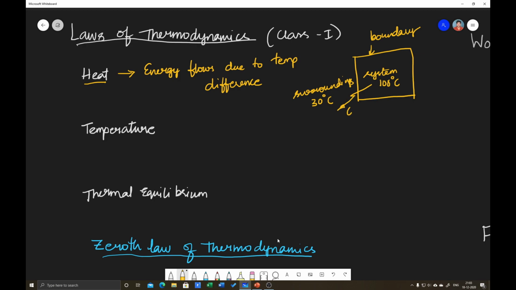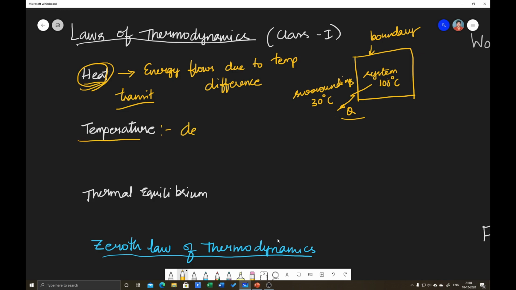Energy will start flowing from the system to the surroundings. So this energy transfer is due to temperature difference, and that is heat. It is basically energy transfer due to temperature difference, and heat is a form of energy in transit. Transit means when it is transferring from one place to another place.